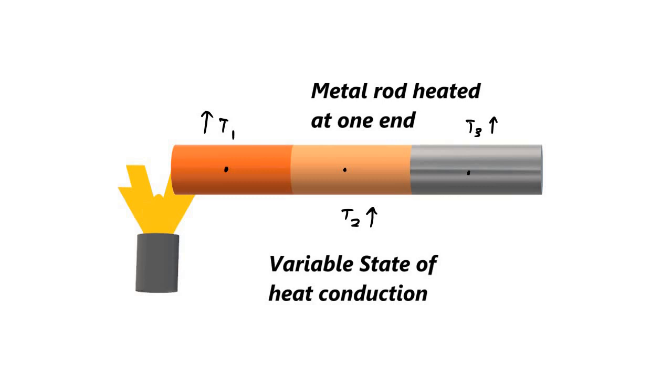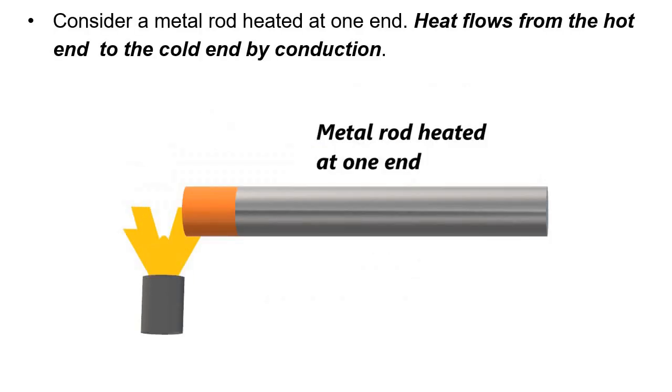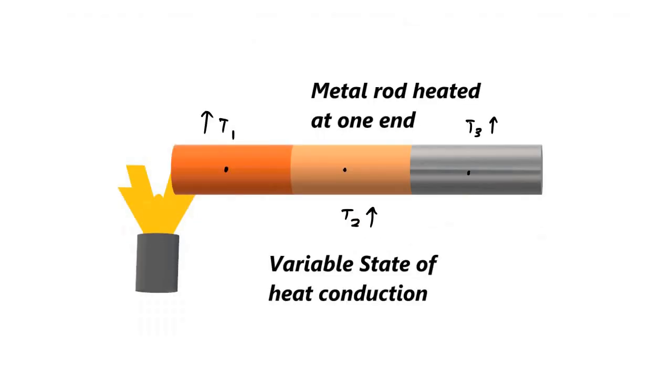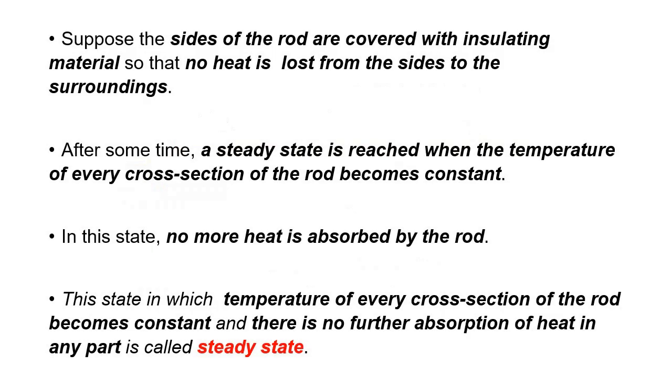Okay, and the heat transfer is taking place gradually, slowly, from one end to the other, like this. Now after some period of time, in order to mitigate the problem of heat loss, we cover this rod with an insulating material so that there is no heat loss through convection and radiation.